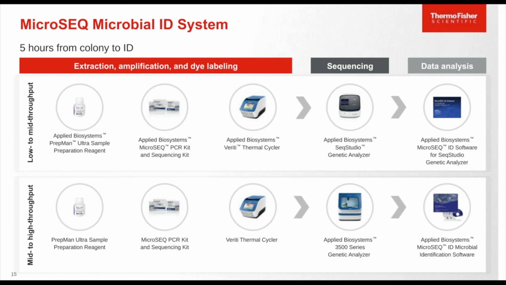So, one of the solutions is the system, and one example here is the 3500 XL genetic analyzer, which is really an excellent choice for high throughput labs, shown on the lower side. If you want a more easy to use lower throughput system, this is something you'd use for smaller labs, and we got you covered as well. This system uses the Seq Studio genetic analyzer and uses the same kits and software as the high throughput system that's shown below.